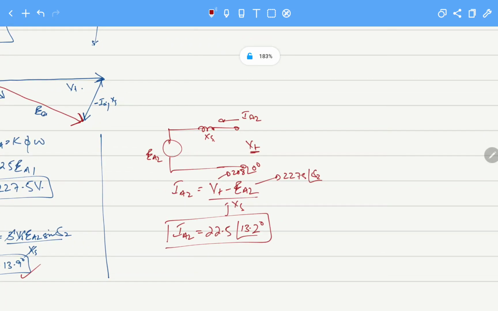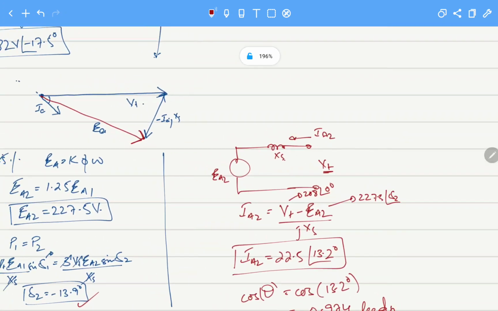So it will be supplying reactive power and not consuming reactive power. And the new power factor for the machine, the angle between the terminal voltage and the current is 13.2, so it will be cos 13.2, which is 0.974 leading.